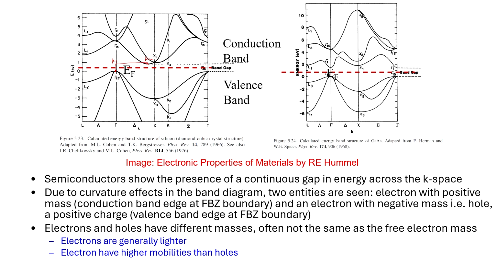So, you can say an electron with a negative mass means a hole, a positive charge with positive mass, and this happens at the valence band edge at the first Brillouin zone boundary. These two entities have different masses because of different curvatures. As a result, they are not often the same, and electrons are generally lighter. As a result, they tend to have higher mobilities as compared to holes. So, the electron moves faster as compared to the hole.